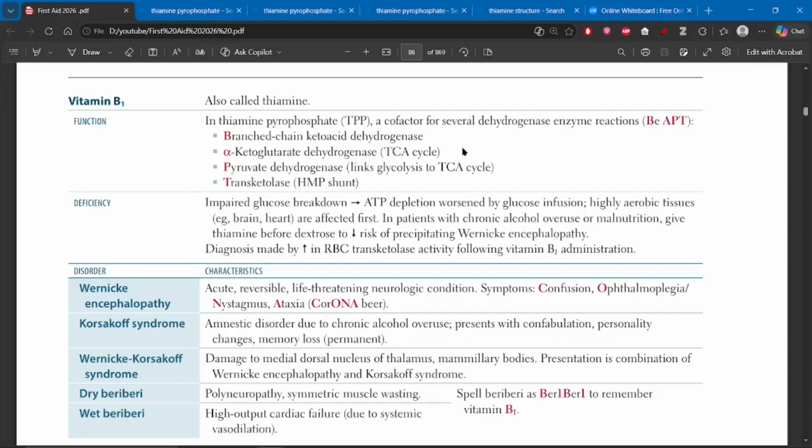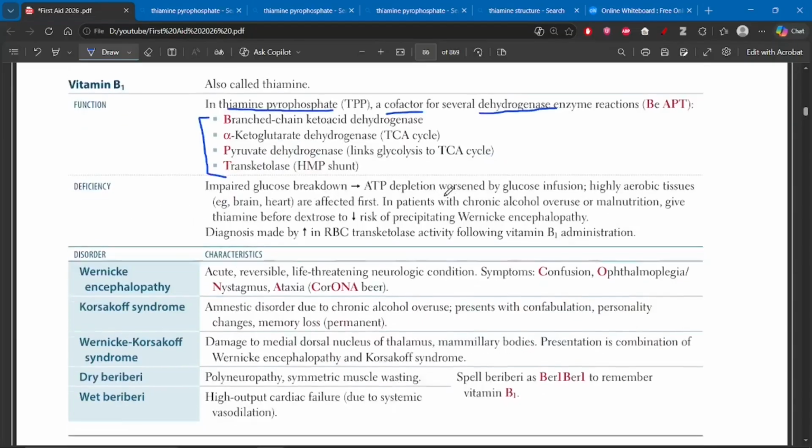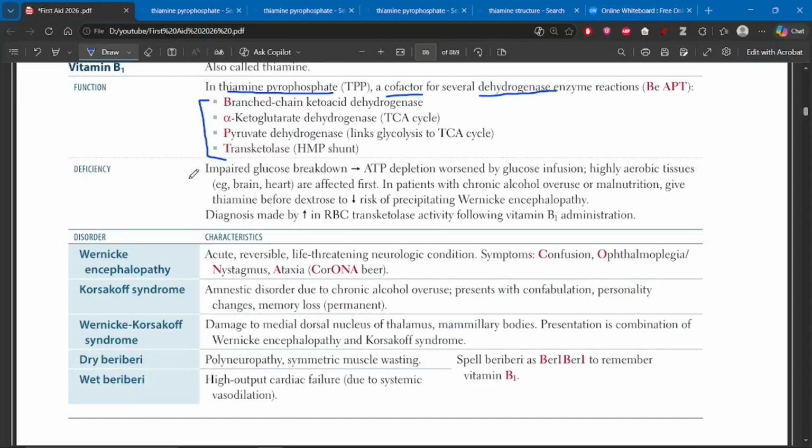So this is what you have to remember: in the form of thiamine pyrophosphate it can act as a cofactor for dehydrogenase enzymes. Keep in mind these enzymes. You will remember them throughout your preparation as well, but it's better to keep them in mind.